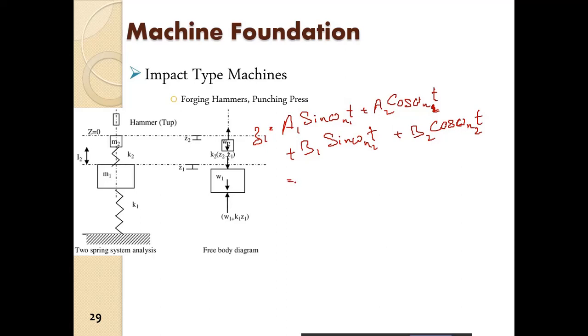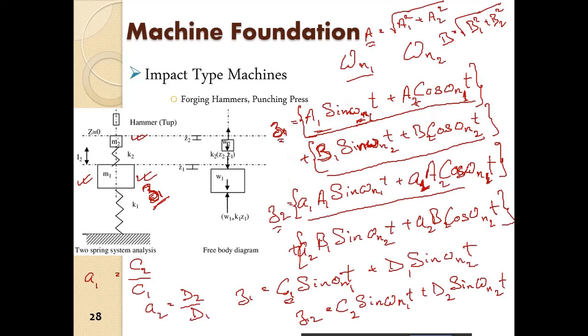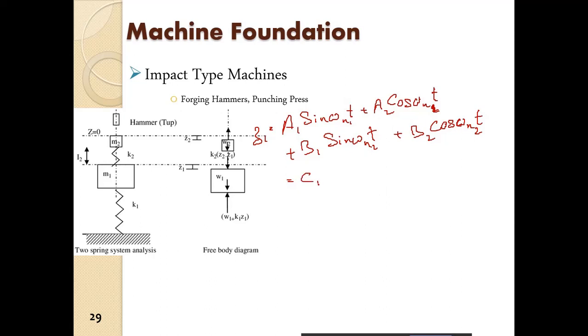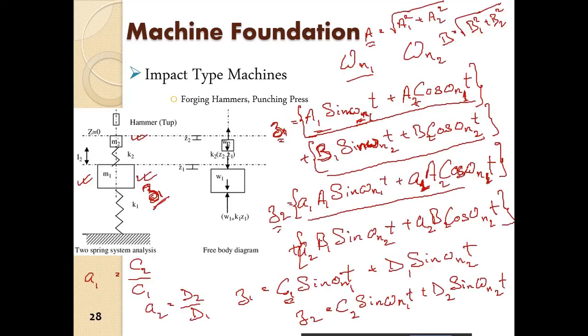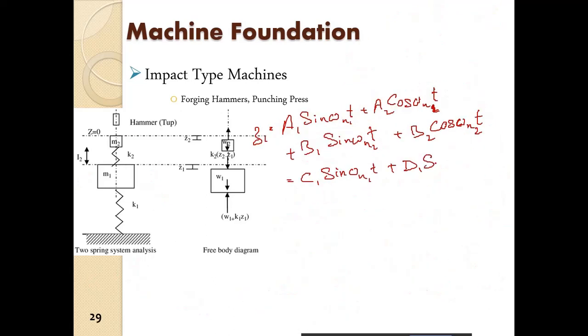So we can equate this, as we have seen here, to C1 sine of omega n1 t plus D1 sine of omega n2 t.